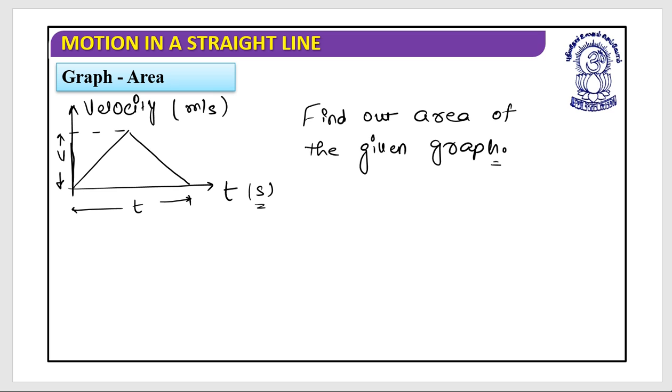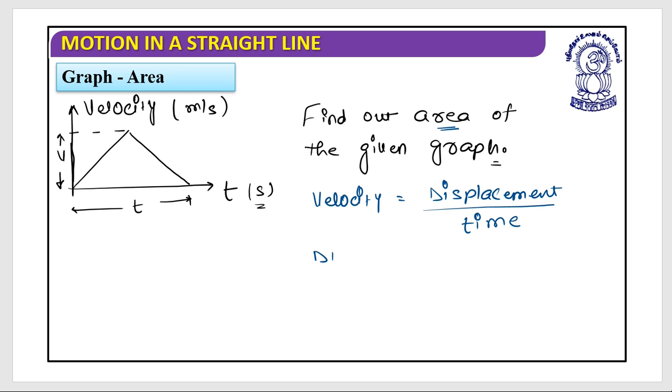What should I do? So the first thing I need to find out is which quantity will be given after finding the area. Let's write it down. I know that velocity would be displacement divided by time.